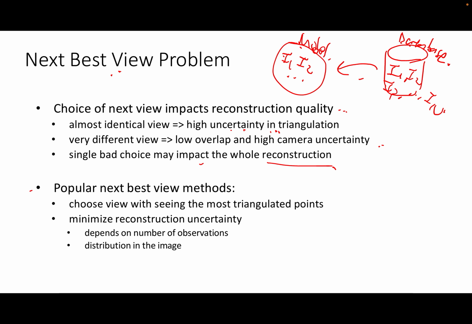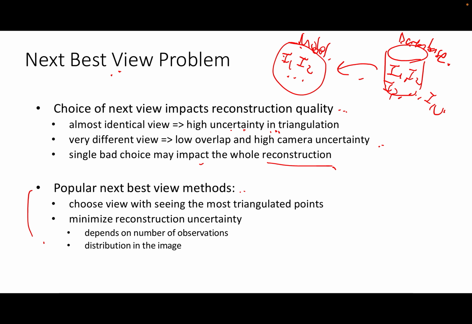So these are just popular next best view methods. Choose views that see the most triangulated points, minimize reconstruction uncertainty, depending on your number of observations and distribution of images.